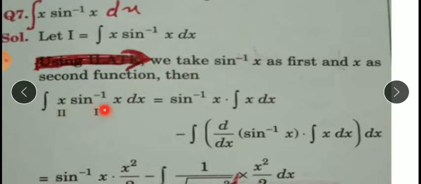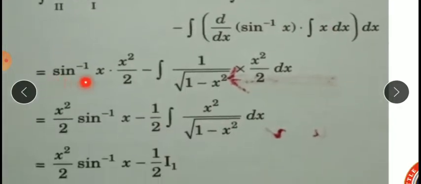We have to select first and second function in such a way that differentiation of first function and integration of second function again come in integrable form. That's why sine inverse x is considered as the first function. See how it is: first function, integration of second, minus whole integration of differentiation of first, integration of second.